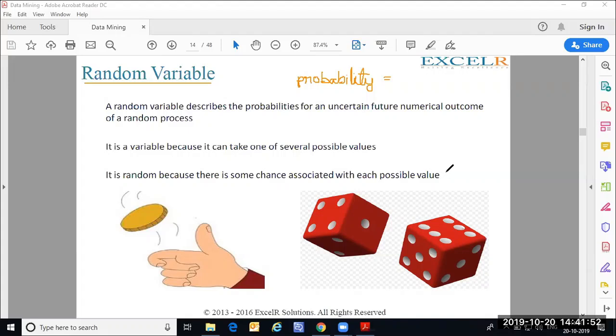So we'd like to understand the possibility associated for an outcome out of all the possible outcomes, right? Number of interested events divided by total number of events. Number of interested events or number of desired events divided by total.